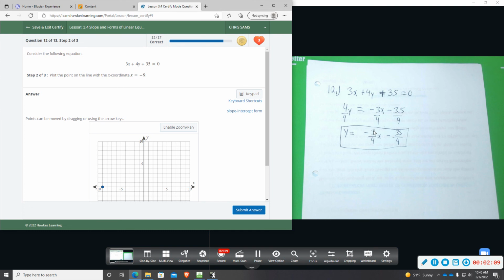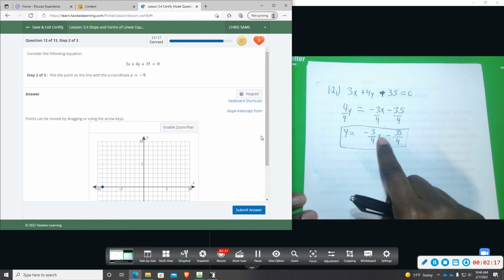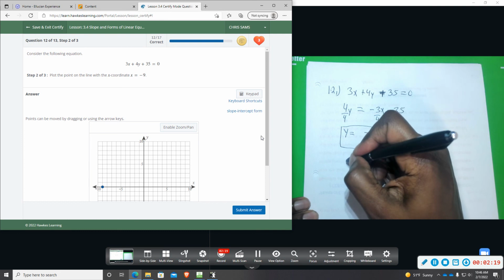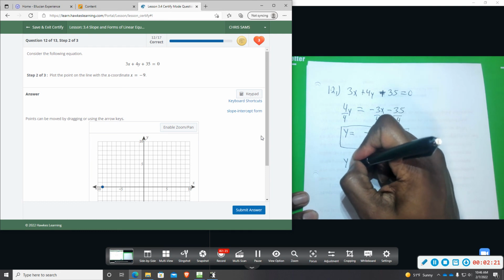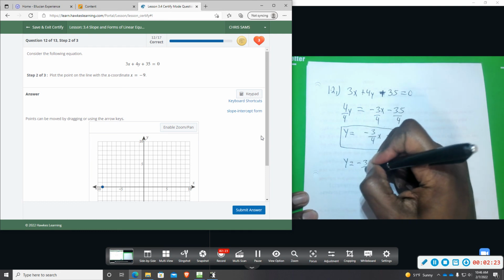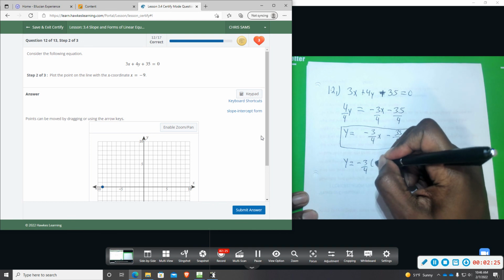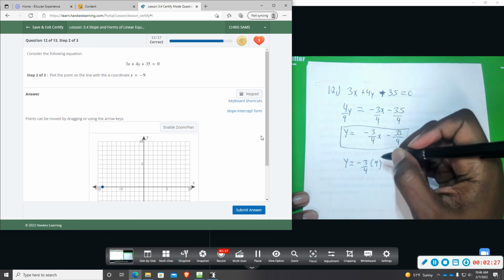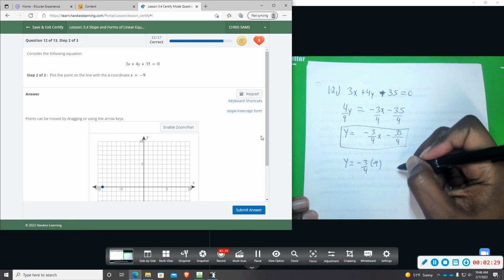We can use this slope, go down 3, right 4, and then we can plot another point. So first I'm going to plug in negative 9 for x. Gotta be careful.